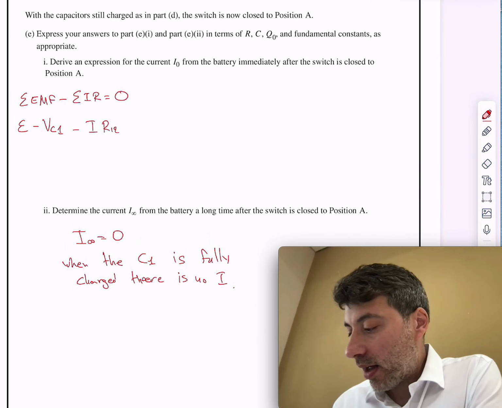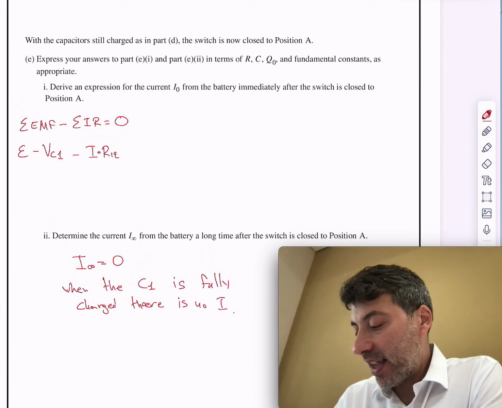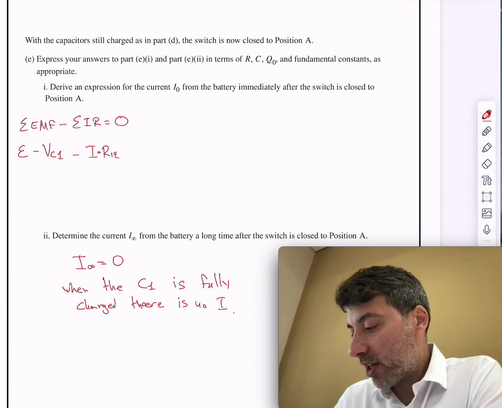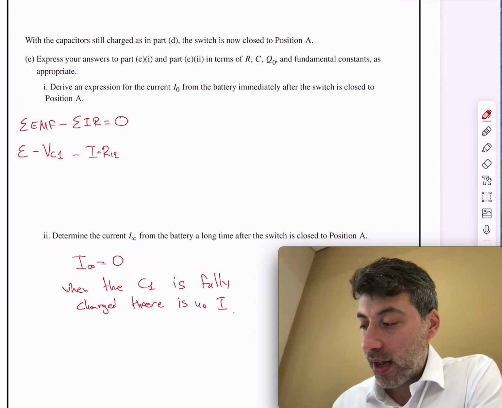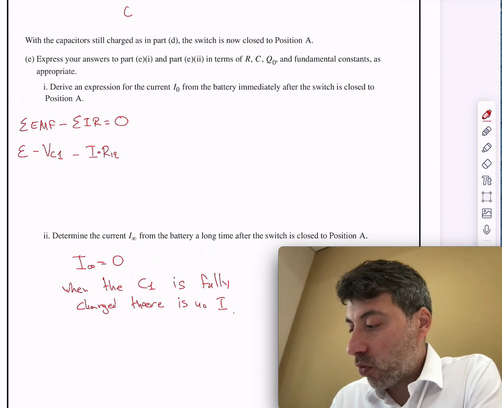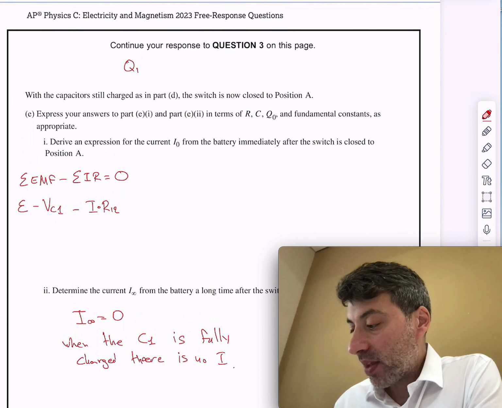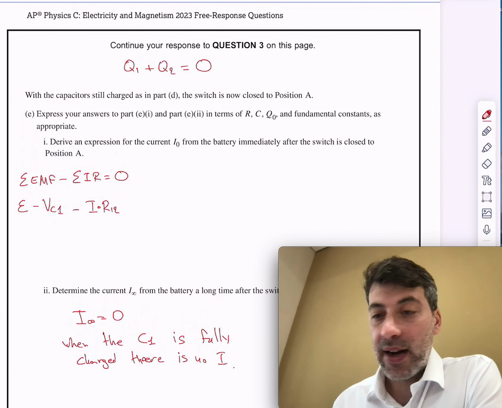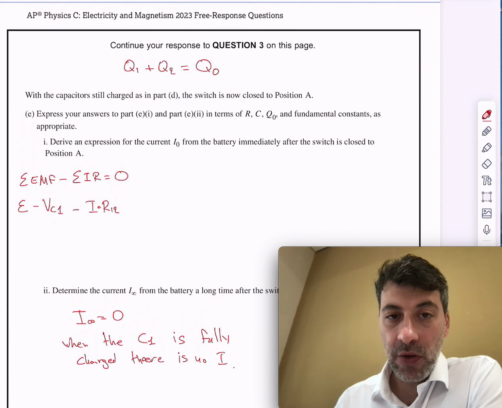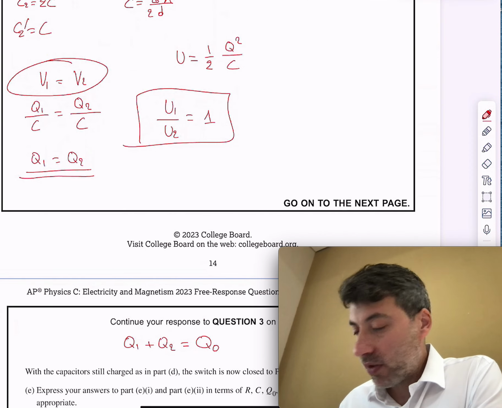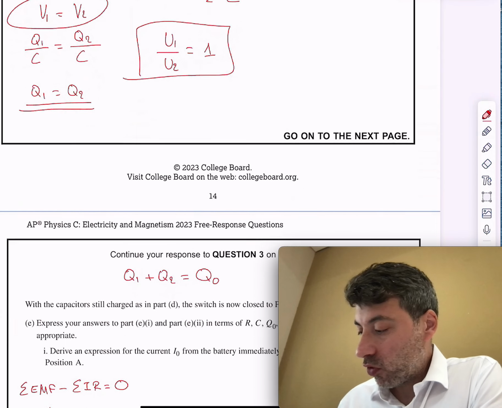Now, we need to eliminate the E, and we need to mention what is the voltage of the capacitor 1. Now, we said that on the capacitor 1, the charge is Q1, and we don't know the value, but we knew that the Q1 and the Q2 together were charged Q0, and we had also proved that the Q1 is equal to Q2.